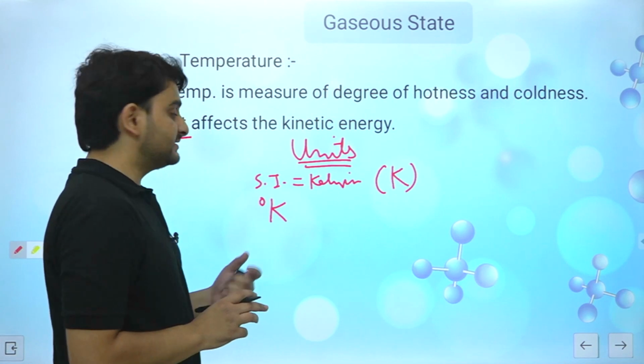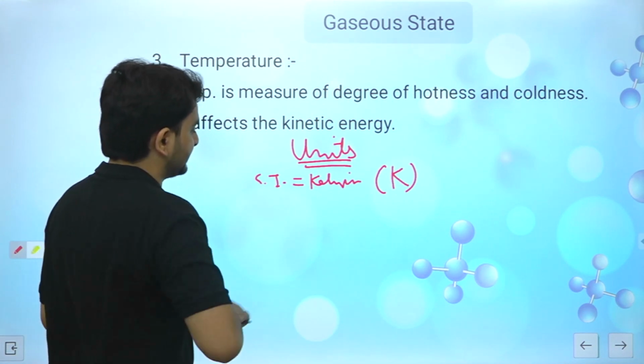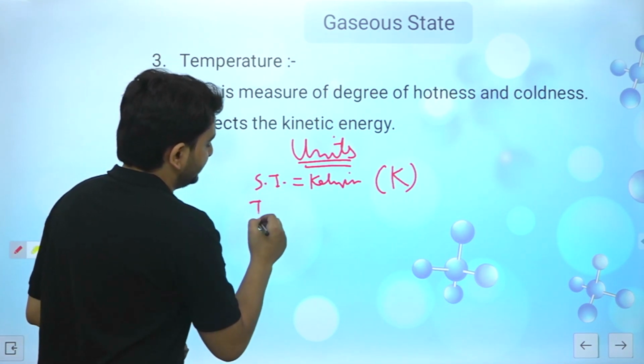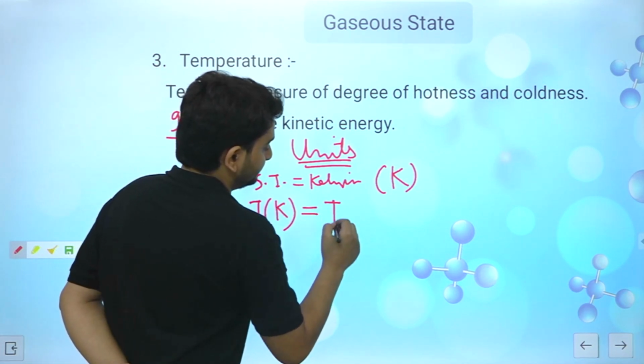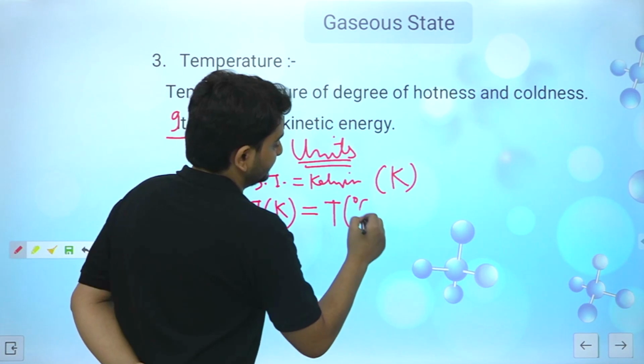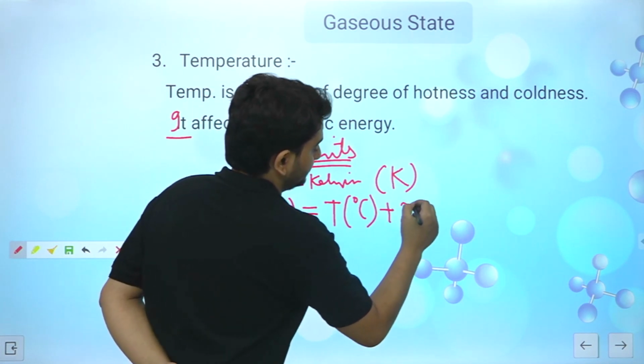Kelvin is not referred to as degree Kelvin, it's just referred to as Kelvin. So I'll just say temperature in Kelvin is related to temperature in degree centigrade like this, right?